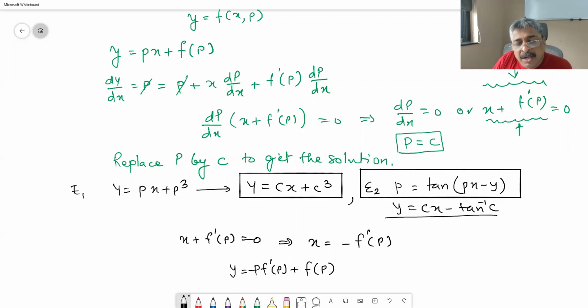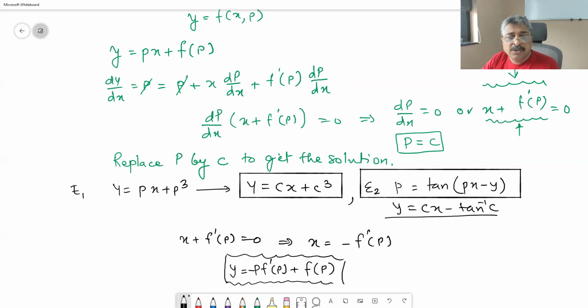Okay. Now, depending upon what this f dash is, we will be able to actually see what this function is, but at the moment it is general. We cannot see, and therefore we can say that this is how it is going to look.